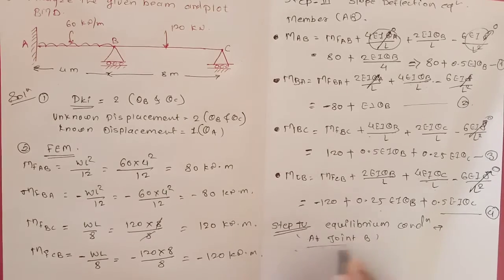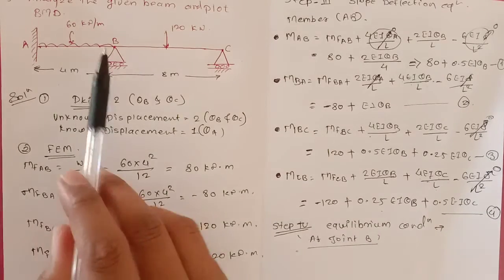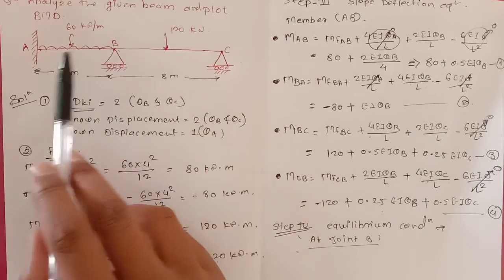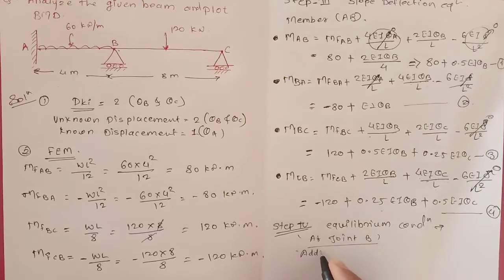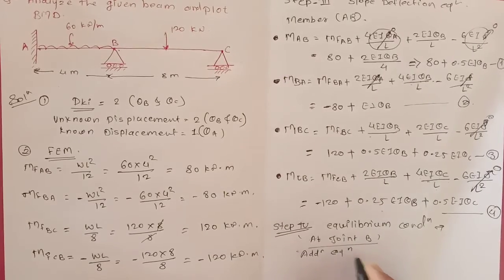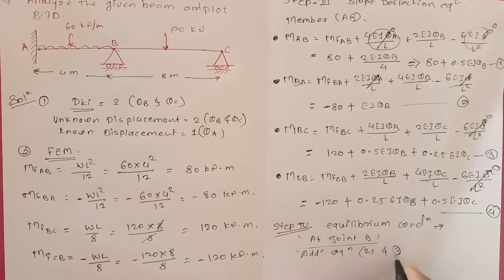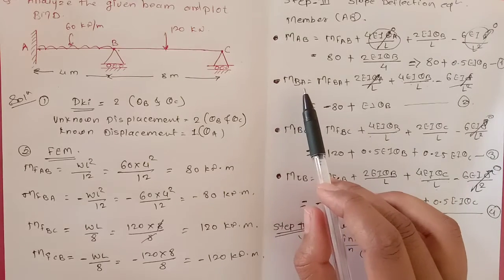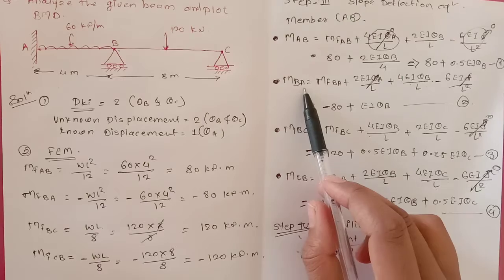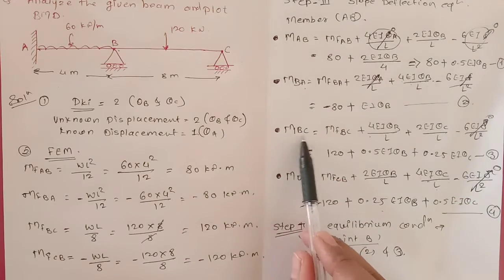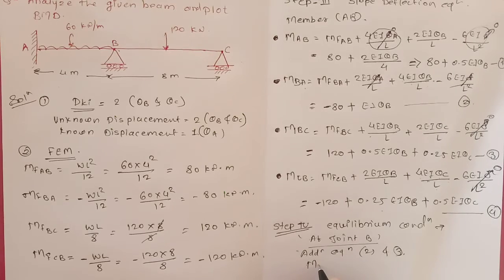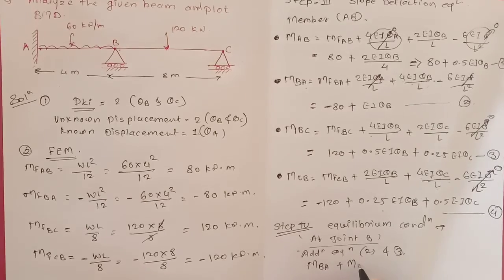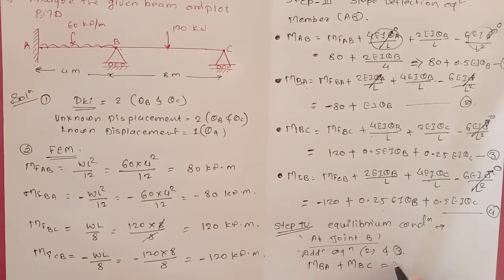Okay, so you can see here for joint B, 2 members act, that is BA member and BC member. So adding the second and third equations, that is the slope deflection equation for member BA, which is the second equation, and for member BC, which is the third equation. So here adding the slope deflection equation at member BA plus at member BC is equal to 0.